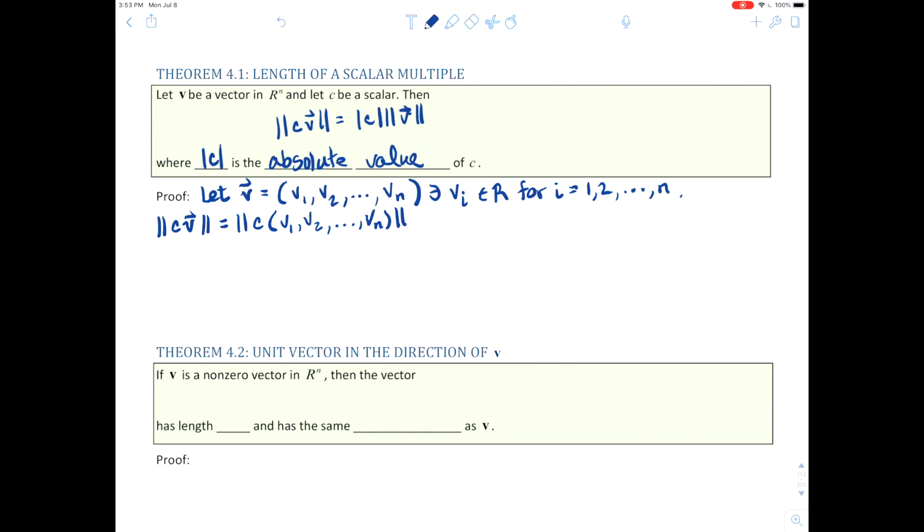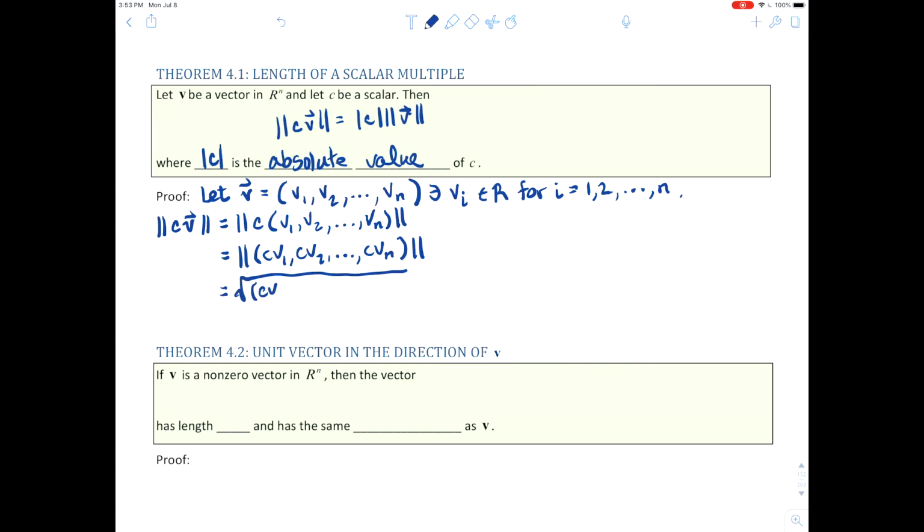But don't I know that this is equivalent to the magnitude of cv1, cv2, all the way down to cvn? Well, what do I know about the magnitude? It's equivalent to the square root of all these components squared.